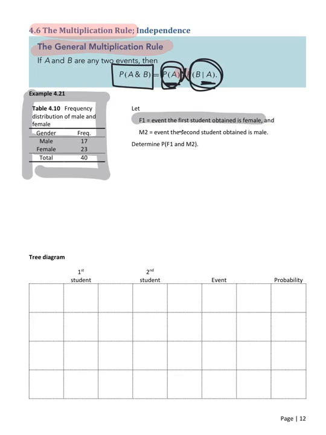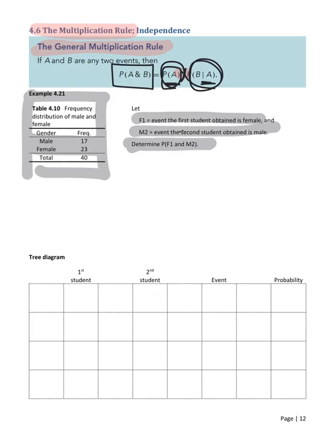The event F1 means that when I select the first student, the student will be female. M2 means the second student will be male. Can you understand the meaning of F and M, 1 or 2, the first student and the second one? And now I need the joint probability, F1 and M2.